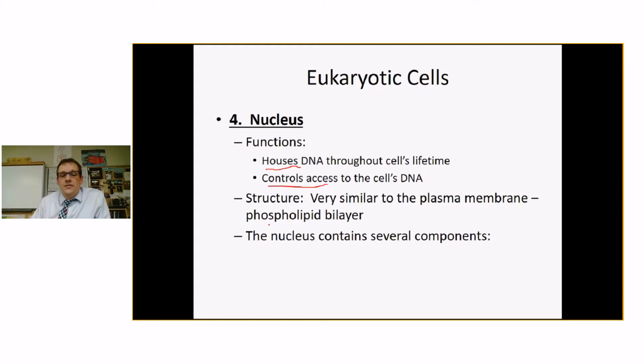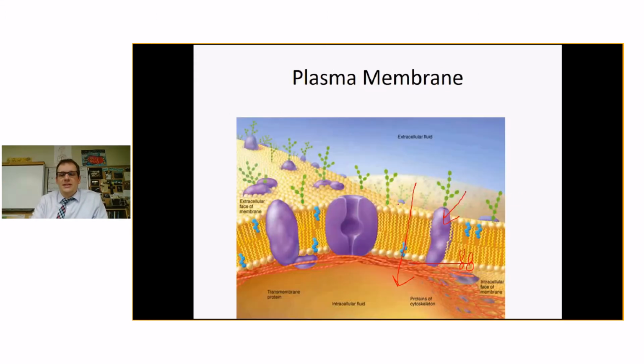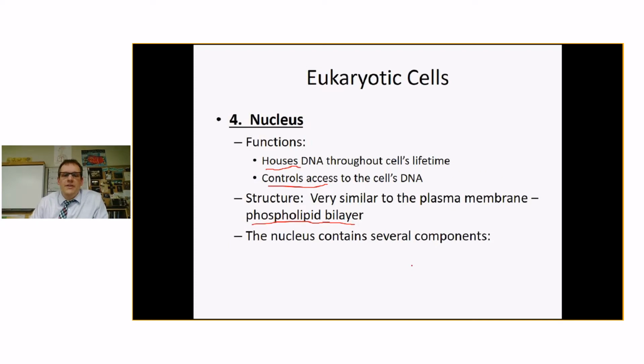The structure of this thing is pretty similar to the plasma membrane, so it's made up of a phospholipid bilayer. It's got some different proteins in it, so it's not exactly the same, but it does have these same kind of phospholipids.